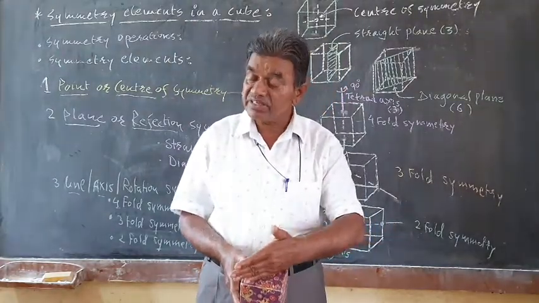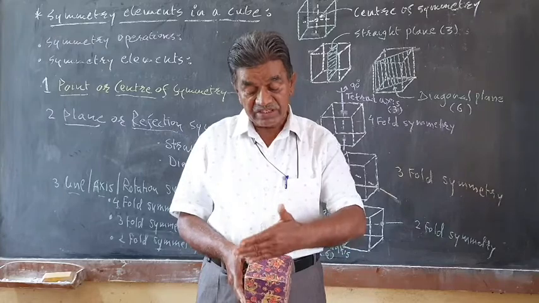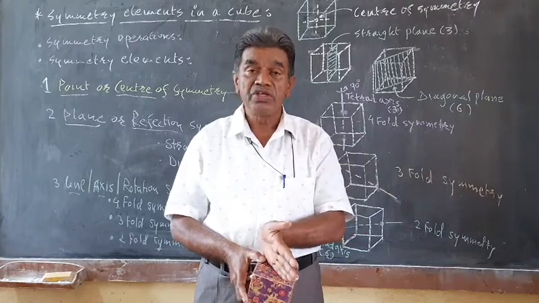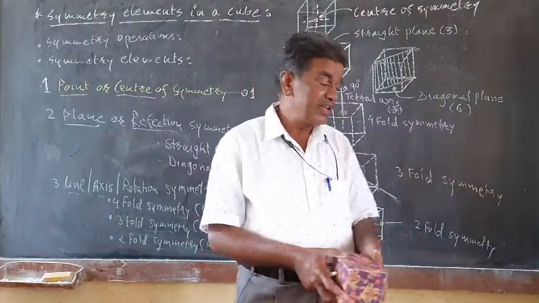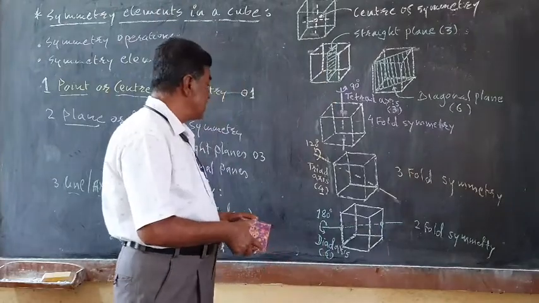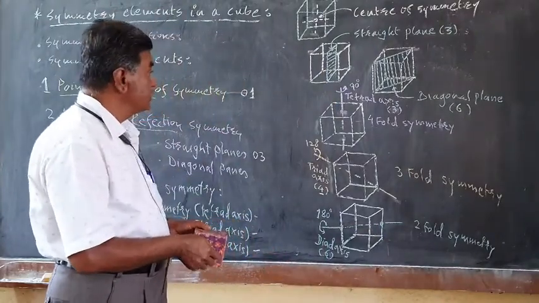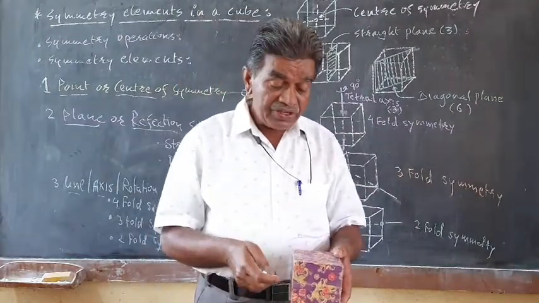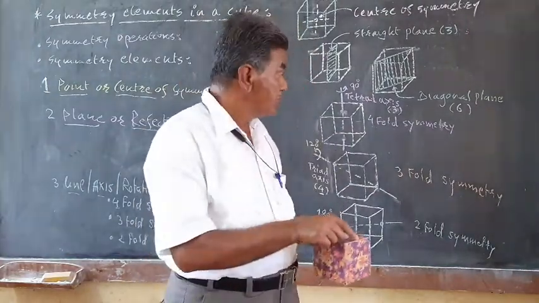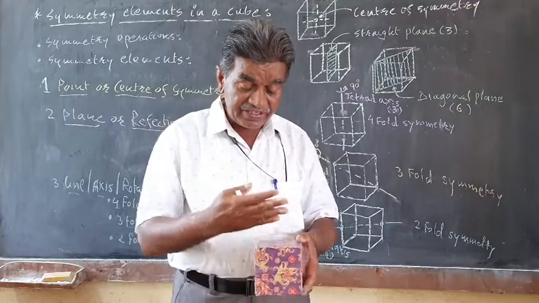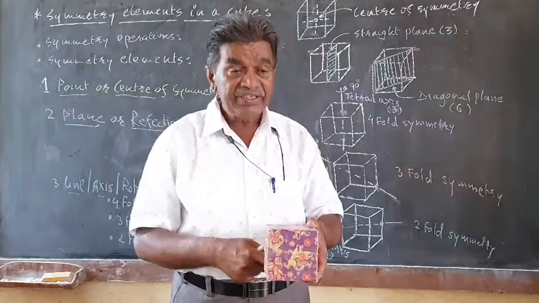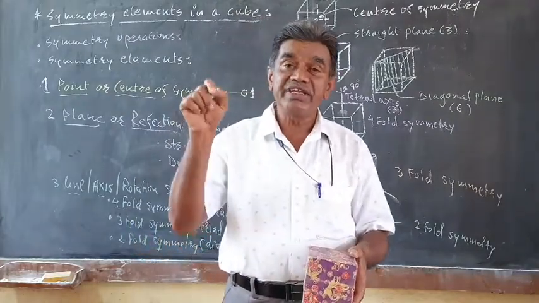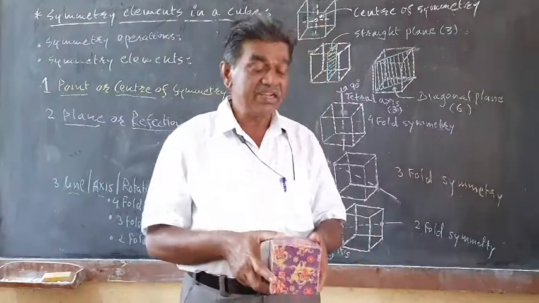So we can draw such a plane in the case of the cube. Obviously it is seen that there are 12 edges, and opposite edges divided by 2, we are getting 6.